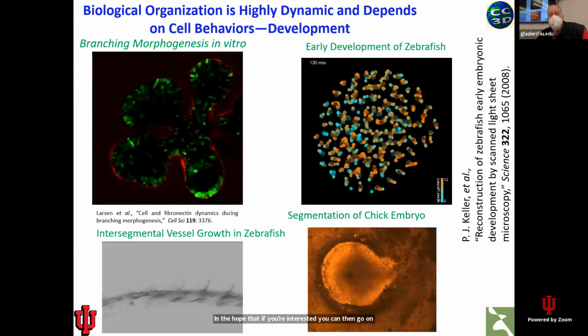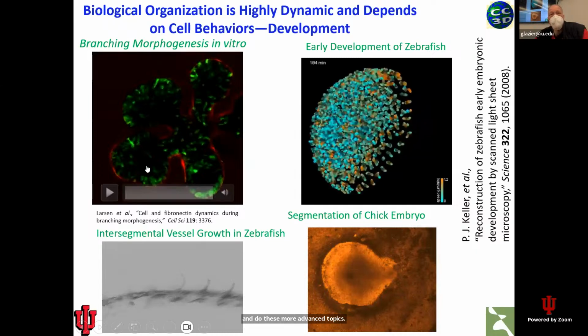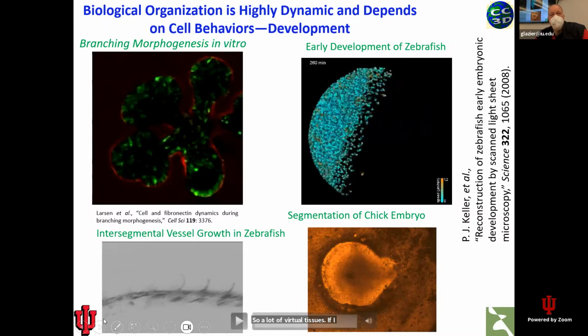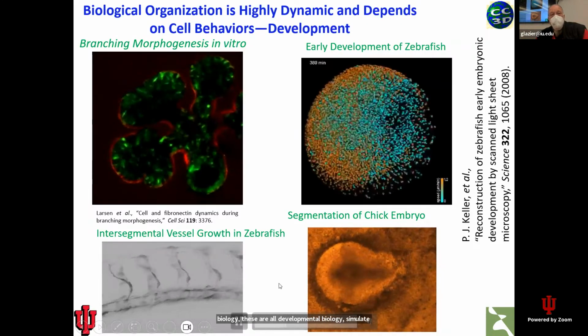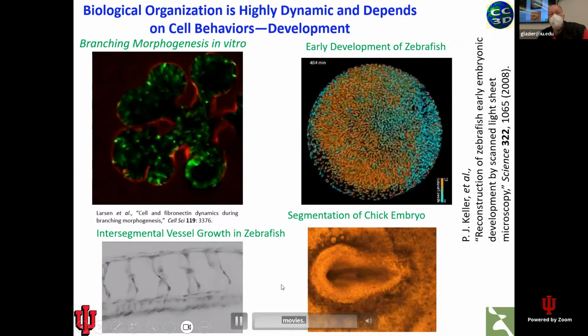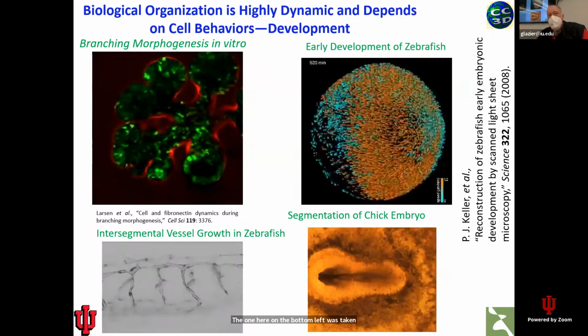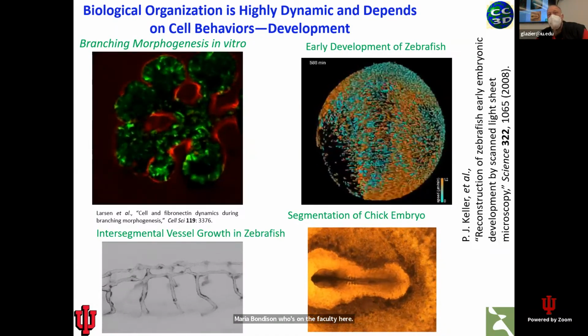So what are virtual tissues? If I look experimentally in biology, these are all developmental biology movies. The one here on the bottom left was taken actually by Maria Bonderson, who's on the faculty here. What we see is that there's a lot of movement.